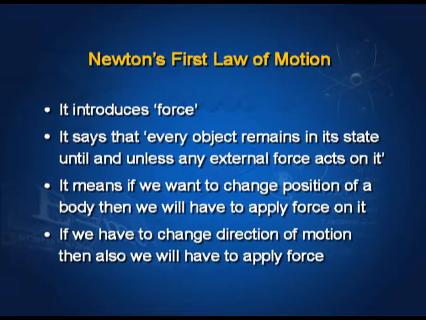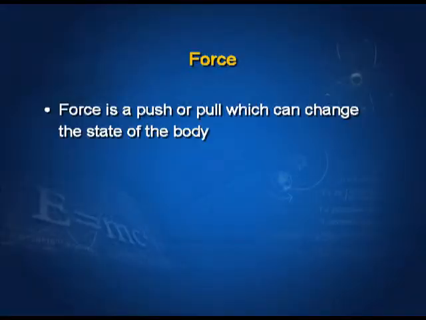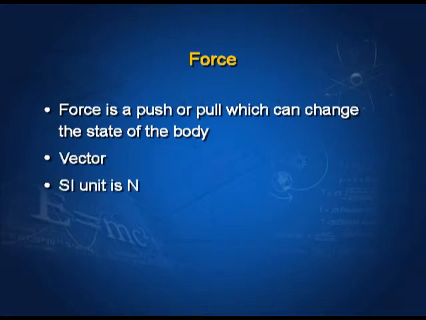If we want to change direction of motion, then also we will have to apply force. What is this force? Force is a push or pull which can change the state of the body. It is a vector quantity, its SI unit is Newton and its dimension is MLT^-2.